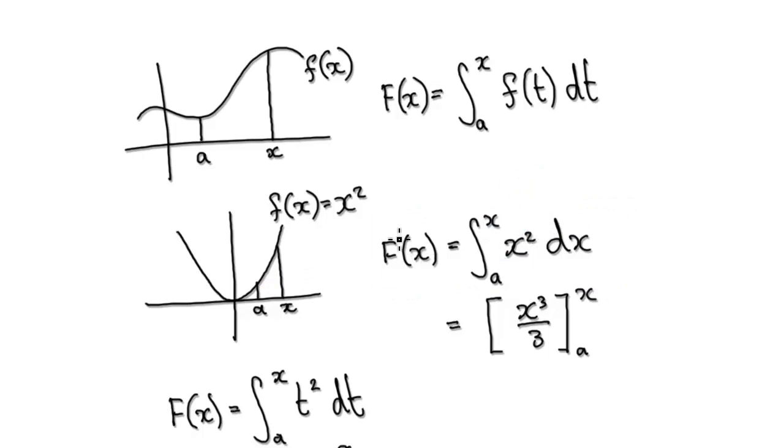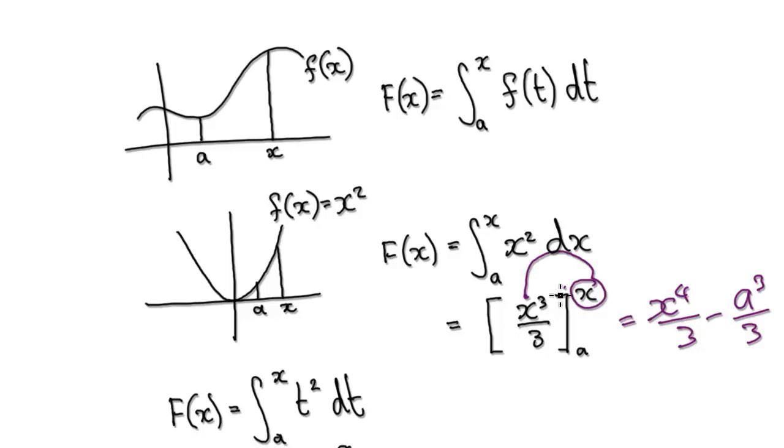Normally, in order to get this to work, we change this to t squared dt. But let's leave it as f of x and see what happens. When you integrate this, it will give you this from a to x. But then when you come to put this in, what does it become? Does it become x to the power of 4 over 3, take away a cubed over 3, or well, what do you do here?